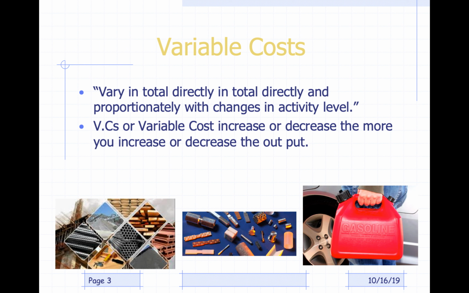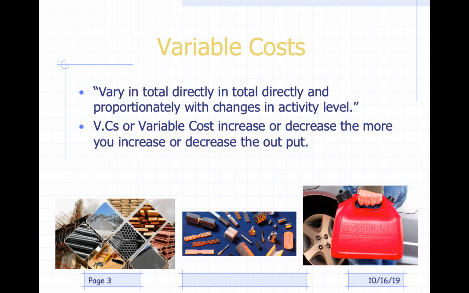You're going to have to increase your allocated costs for gasoline if you're increasing the total amount of drivers. If you have direct materials, the more you produce of a certain item, the more materials you're going to use, so your variable costs will increase. Directly proportional, coming out of the book, means that if you increase something 10%, you'll increase the price 10%.